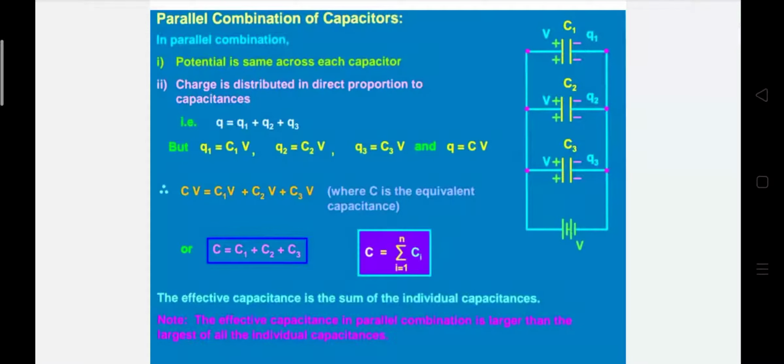Suppose plus Q charge is given to the point A by the source. The charge is distributed on the plates of the three capacitors according to their capacitance. By induction, an equal amount of negative charge is induced on the inner surface of the second plate of each capacitor.